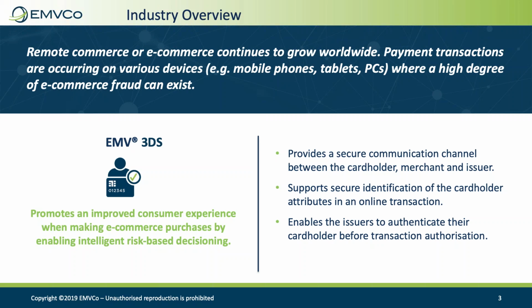EMV 3D Secure, or 3DS as it's also known, is a messaging protocol that promotes an improved consumer experience when making e-commerce purchases by enabling intelligent risk-based decisioning. The exchange of 3DS data between the merchant and the card issuer reduces fraudulent use of online credit and debit transactions by preventing unauthorized use of cards online and protecting merchants from exposure to fraud-related chargebacks.